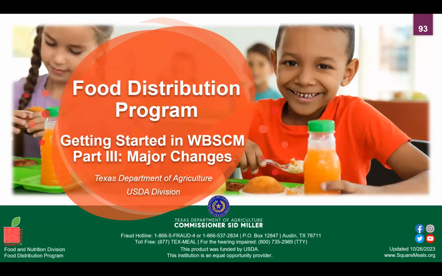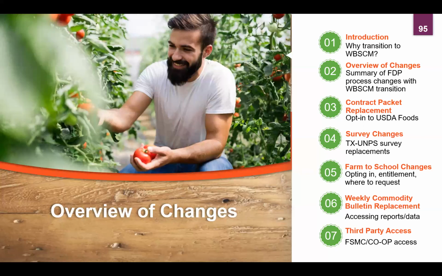Oh, so why did we do all these changes? We're going to answer that question. We're also going to talk a little bit about the other changes that are happening with the contract packet replacement, survey changes, farm to school changes, the weekly commodity bulletin, and third-party access.